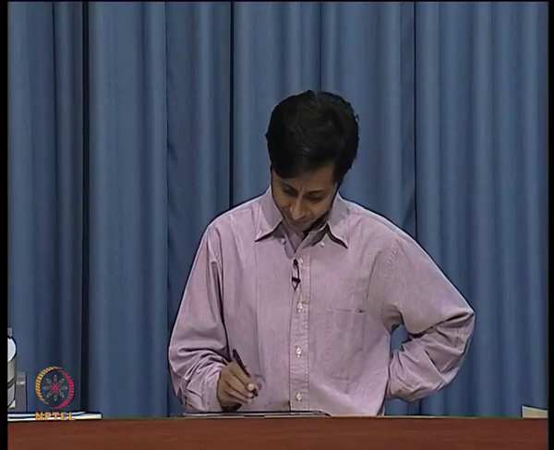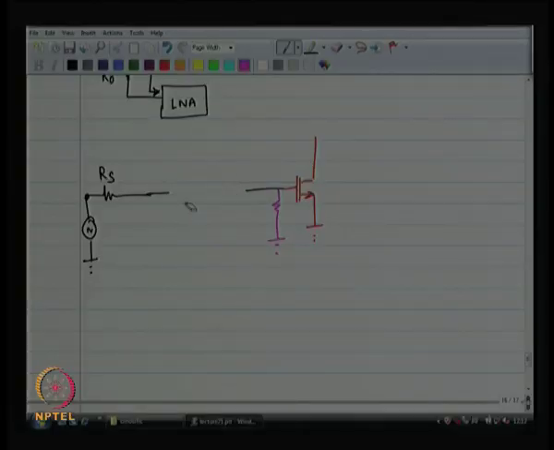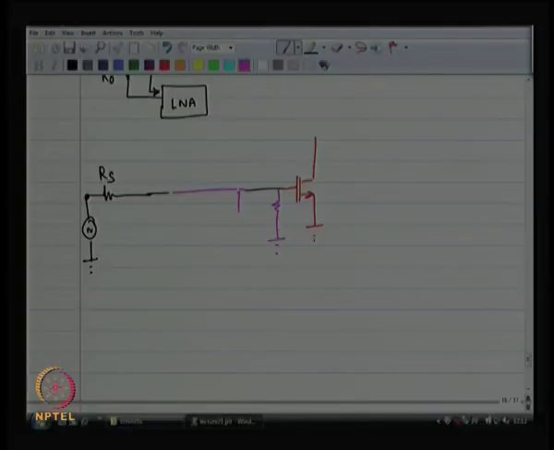So, the first suggestion is the obvious: let us put a resistor over there, right. This is going to sort out my matching issue. I do not even need a matching network over there, or even if I do put a matching network, it is just to tune out the CGS, the MOS capacitance, right. Just to get rid of all that, I probably need to put an inductor in shunt, etc. Fine.